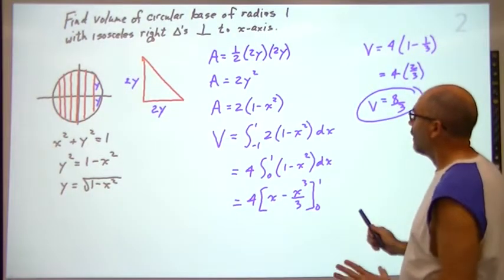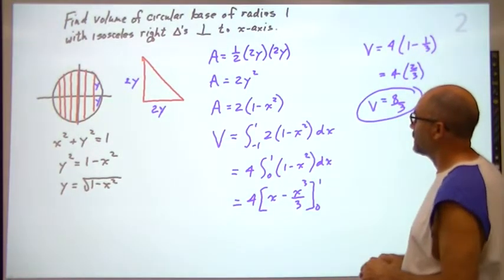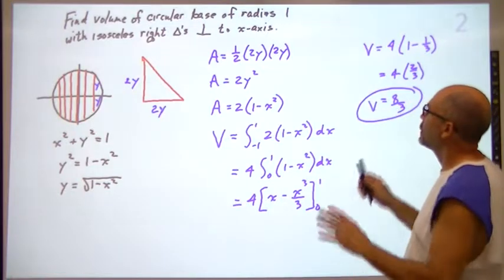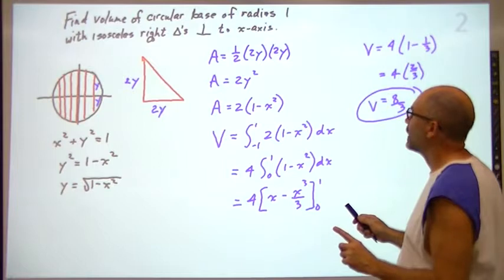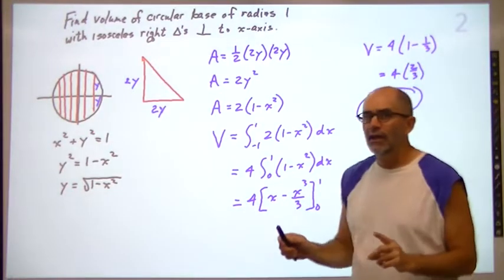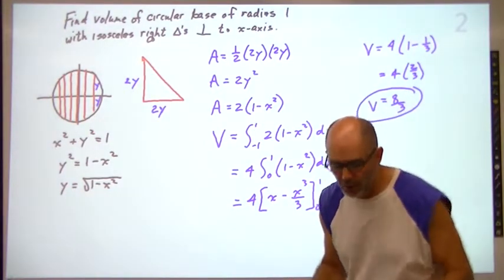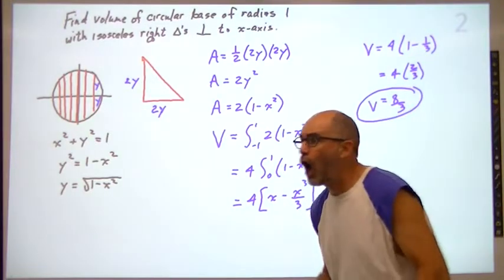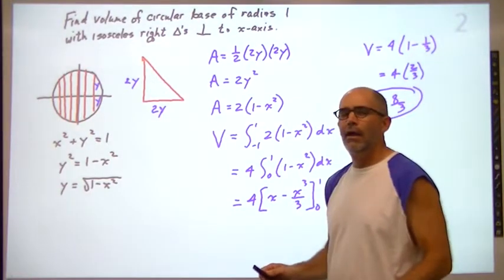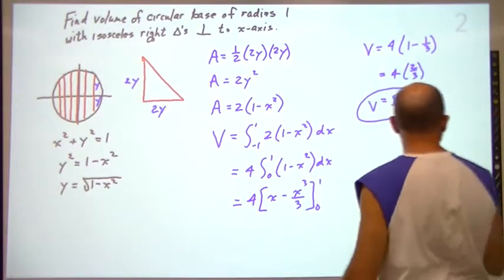Okay, now let's crank up the juice just a bit. We're going to do the exact same thing, only we're going to make our triangle equilateral. Equilateral? Okay, let's try that.